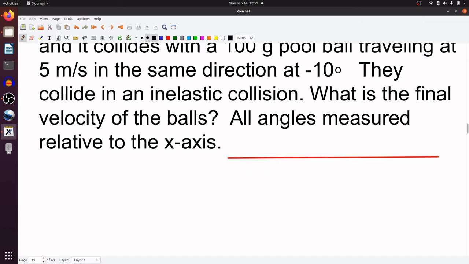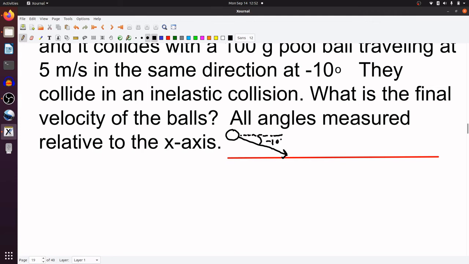Basically, let's do this a little bit better. I want to be consistent. This angle right here is negative 10.